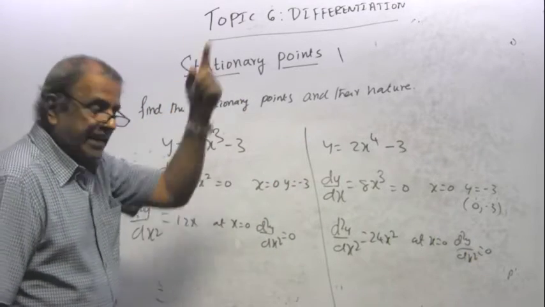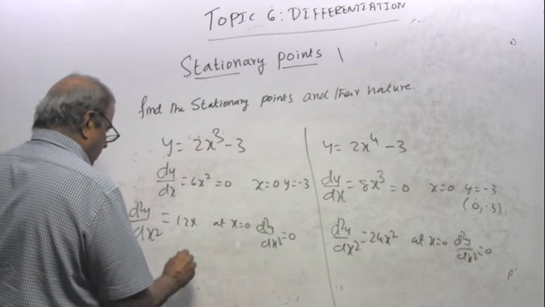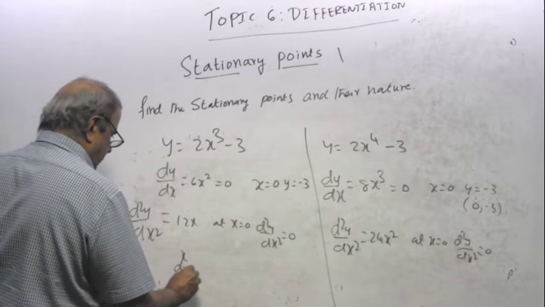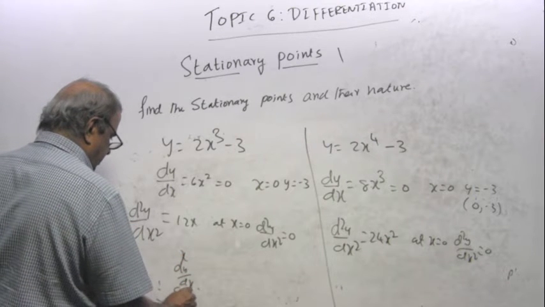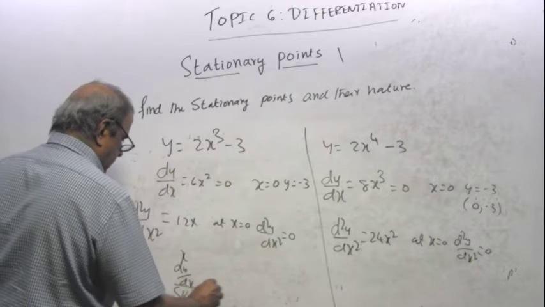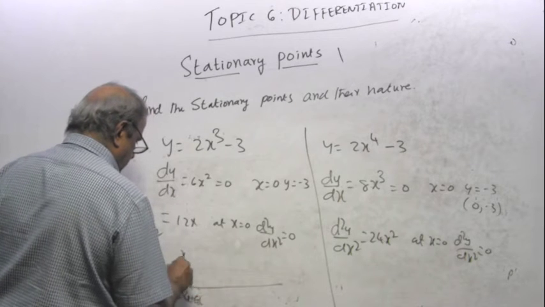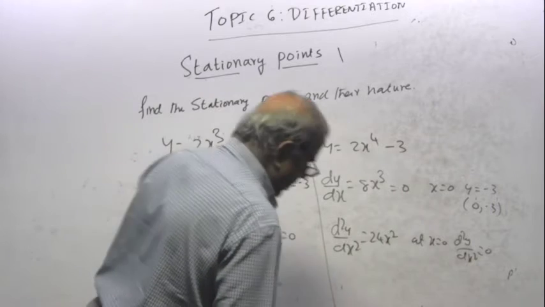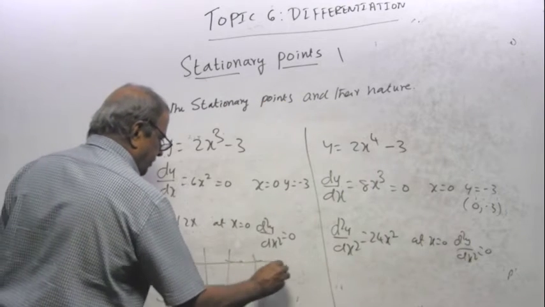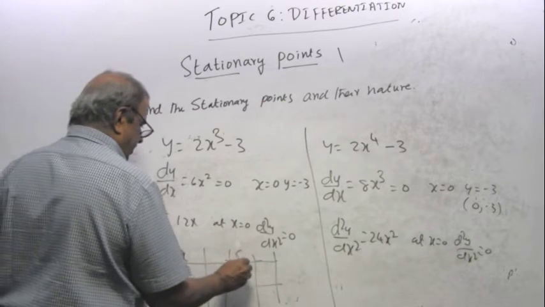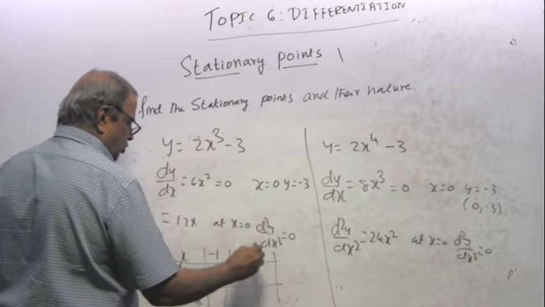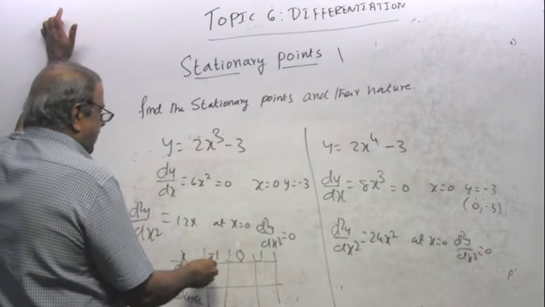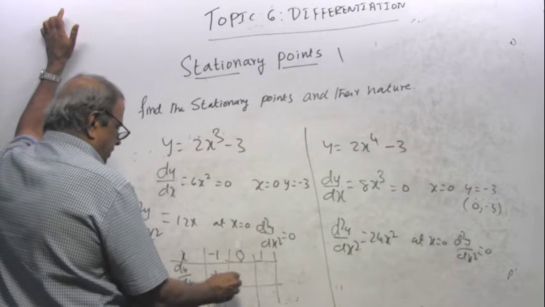Let's try the gradient method. So what are the values of x, dy by dx, and sketch? Remember I taught you in the last example. At 0, take a value minus 1, take a value 1. At minus 1, dy by dx is positive.